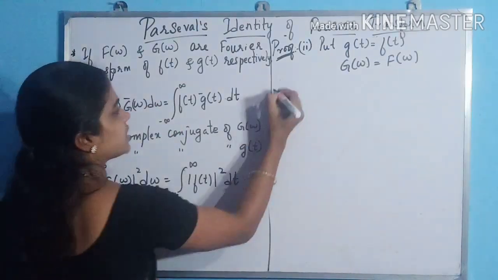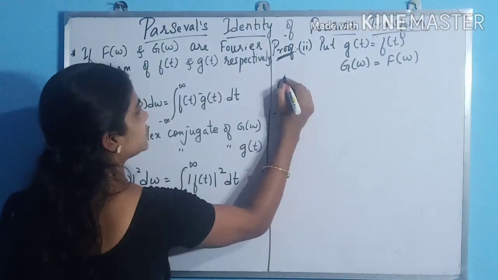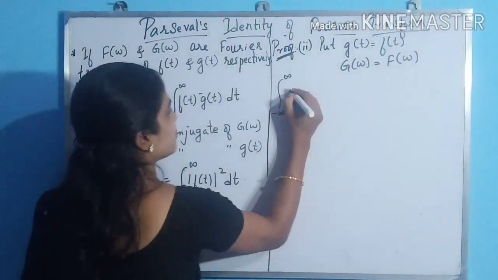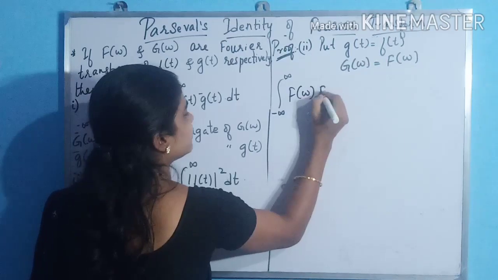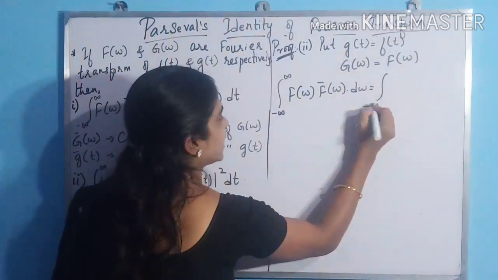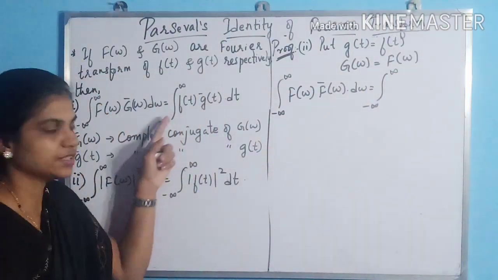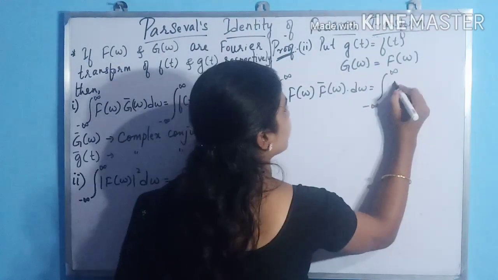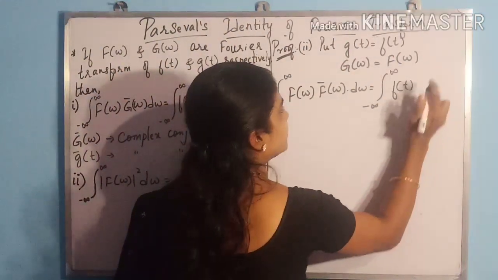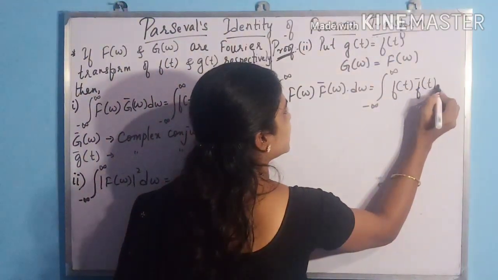So we are going to write the integration from minus infinity to plus infinity of F of omega, F bar of omega d omega, which is equal to the integral from minus infinity to plus infinity of f of t, instead of g bar of t, I have f bar of t dt.